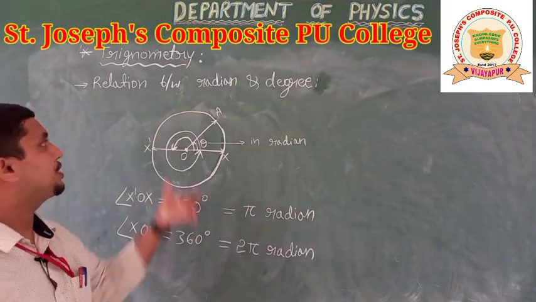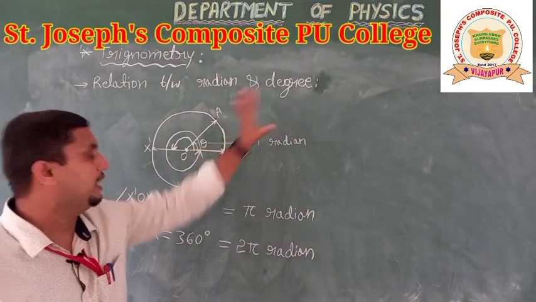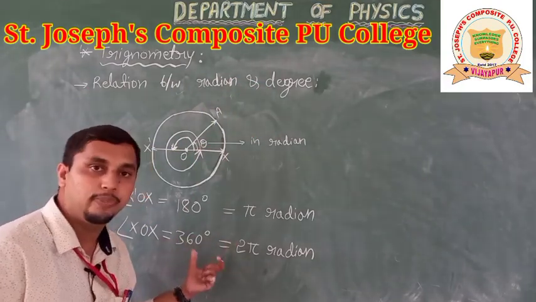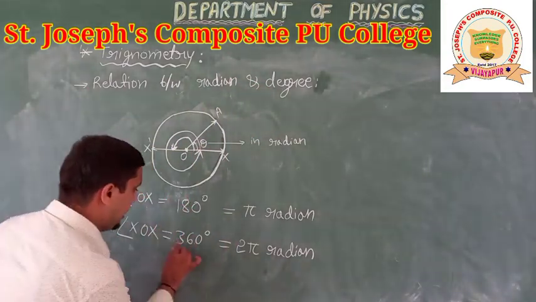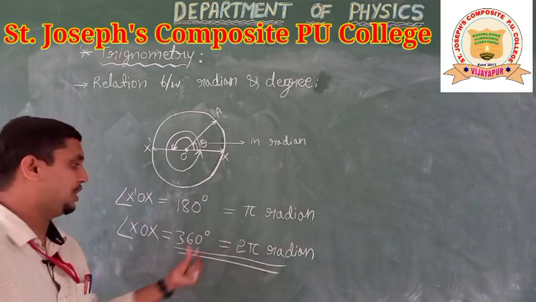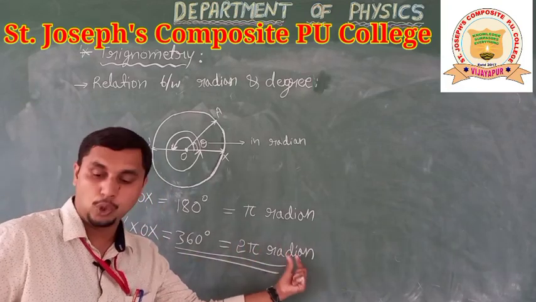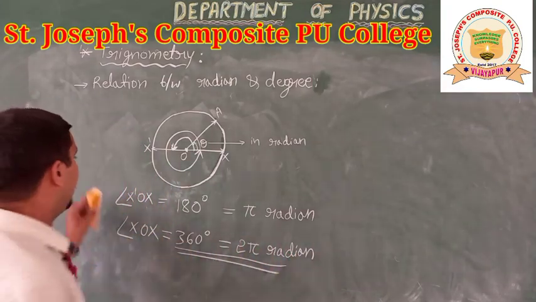Now we will see the relation between radian and degree. You are getting the point: the main thing is 360 degree is equal to 2 pi radian.